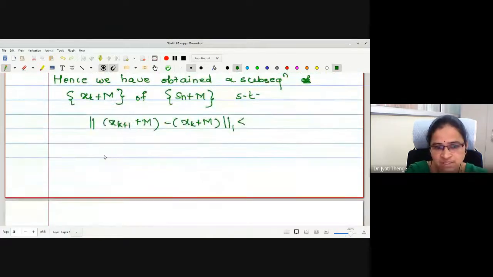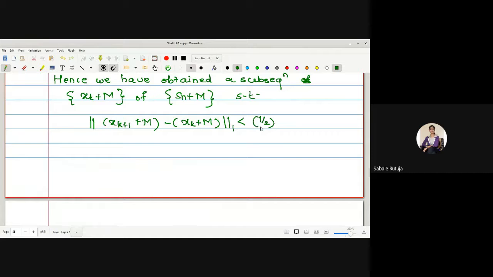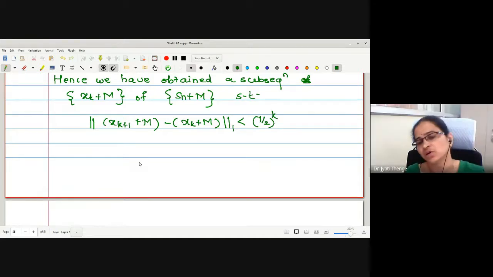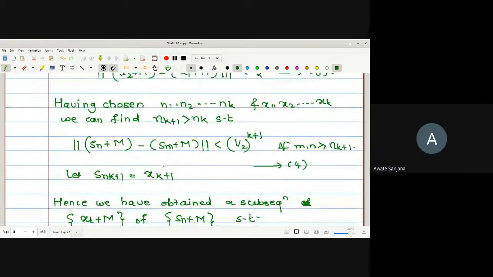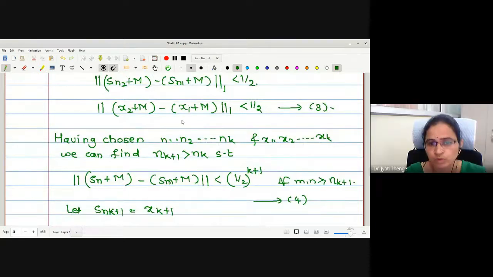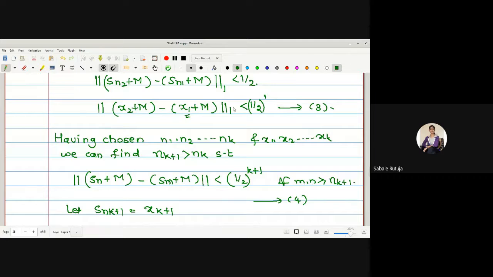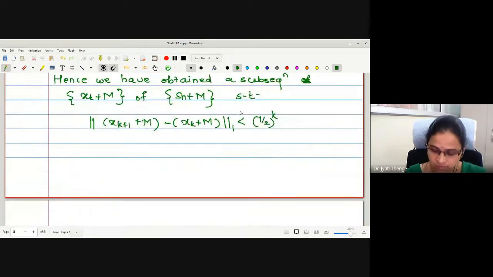Then for xk plus 1 plus m minus xk plus m, is it one half raised to k plus 1 or k? Check. It is k. Here we have to count the order, degree. Therefore it is k, not k plus 1, right? And this holds for k equal to 1, 2 and so on. Let me call it statement number 5.